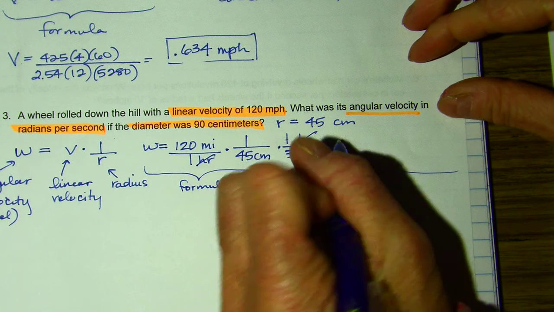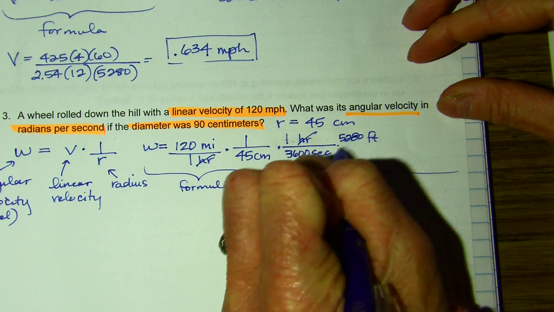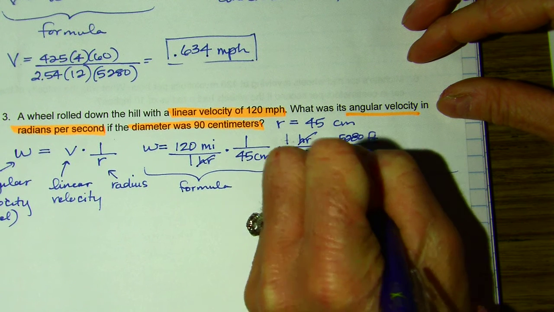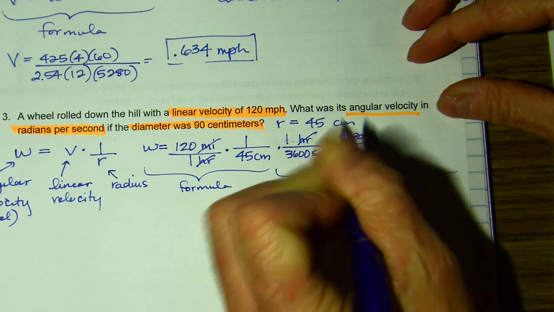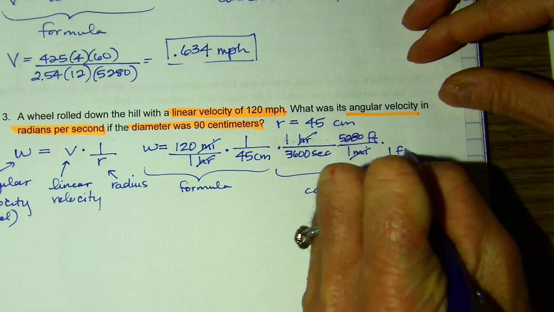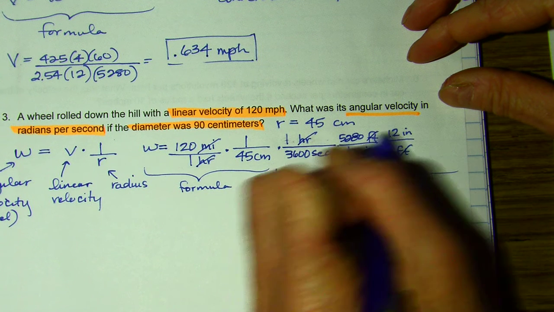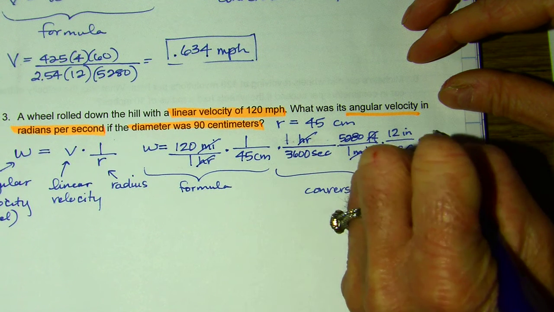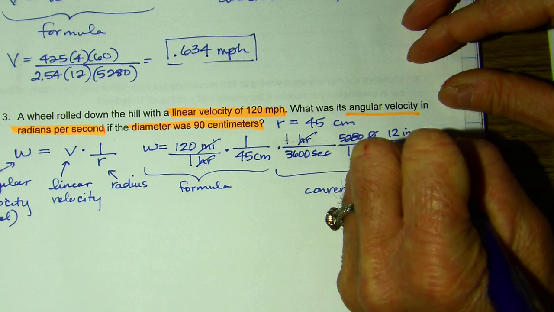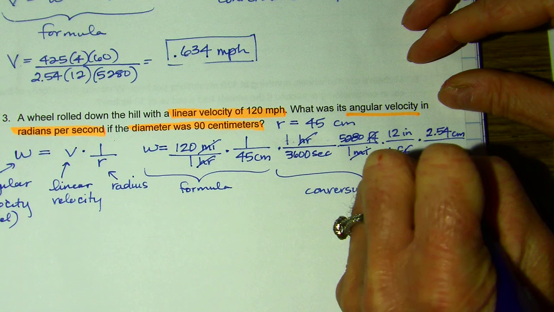So I know that there are 5,280 feet per 1 mile. I know that 1 foot is 12 inches, so feet are gone. I now need to get inches into centimeters, so I know that there are 2.54 centimeters in 1 inch.